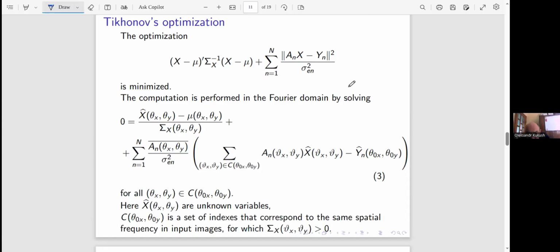So, Sergey, what is your penalty term? You have only one parameter. It's sigma squared n, right? That's it. You have only one penalty term, and this one. So I'm confused.